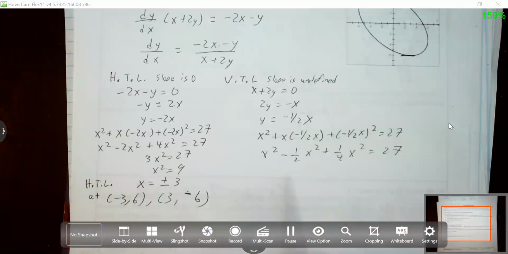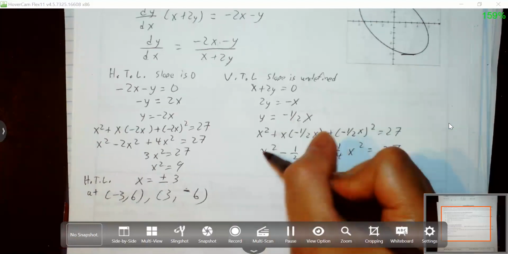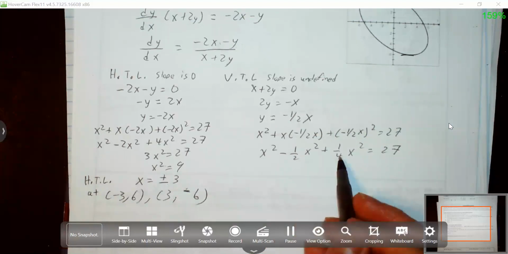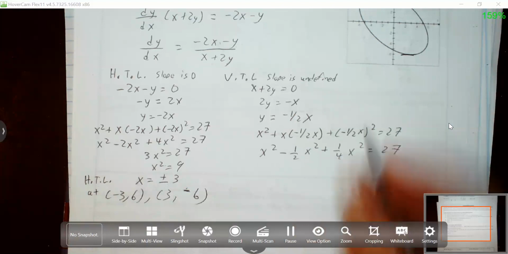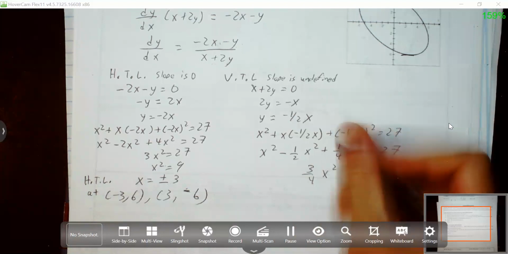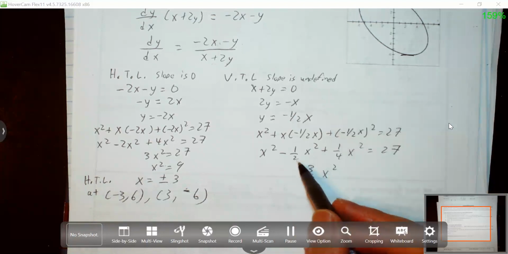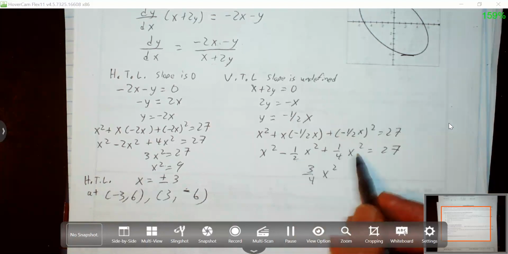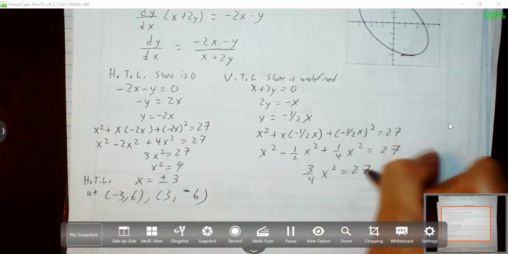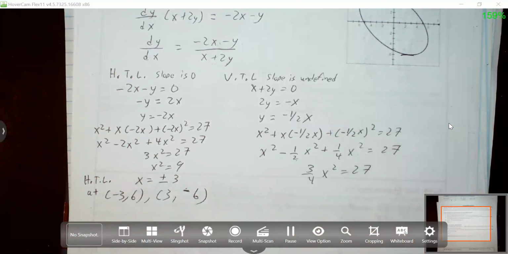Okay, if I combine these, this is 1 minus 1/2. So I have 1/2. 1/2 plus 1/4 is 3/4 x squared, because remember, 1/2 is really 2/4. So 2/4 plus 1/4 is 3/4 x squared, which is equal to 27.